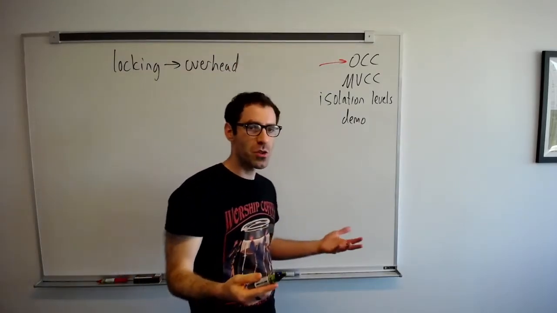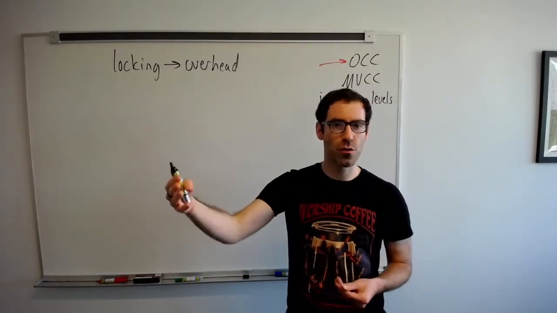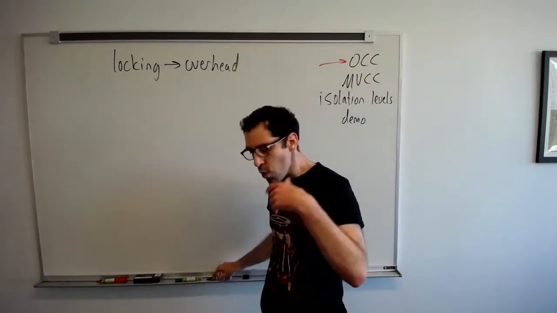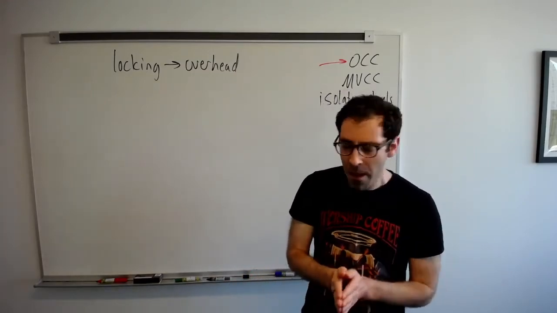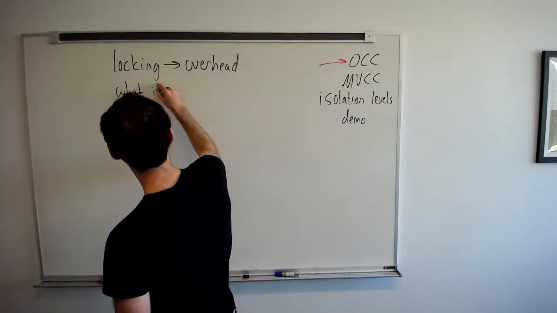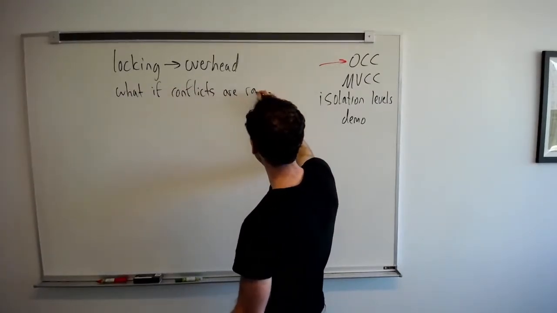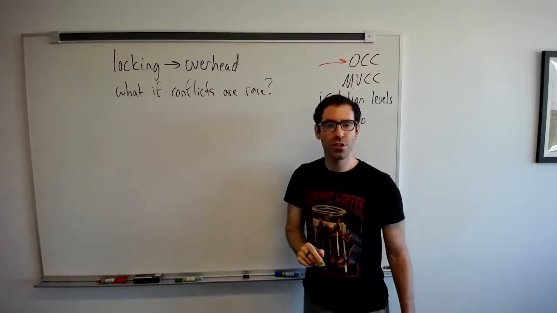There's just a lot of extra work the transaction has to do, asking the lock manager for locks, waiting for locks, all this sort of thing. And we want to ask, what if conflicts are rare?